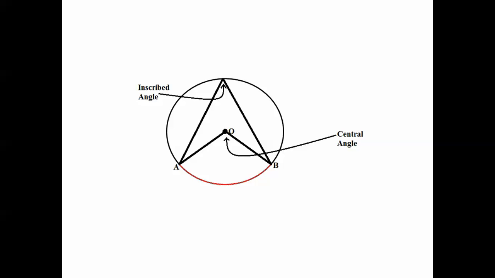And I'm tracing over the line from A to O and then O to B, that angle there. Anytime we have an angle whose vertex, that sharp point where the two lines meet, is the center of the circle, we call it a central angle.